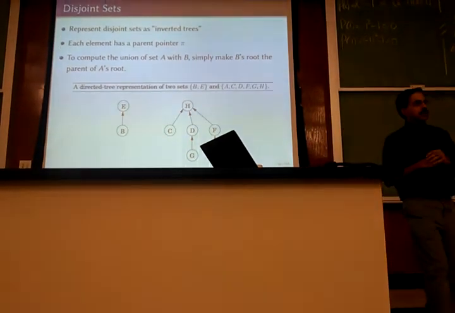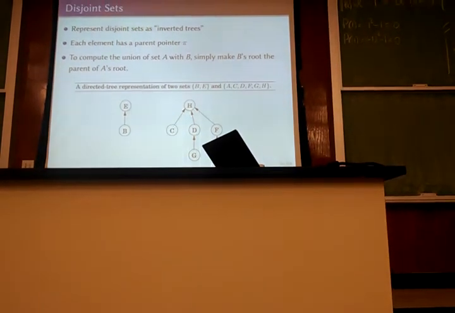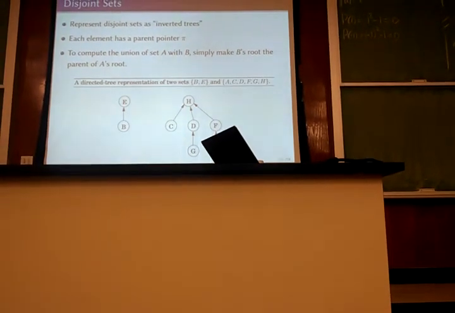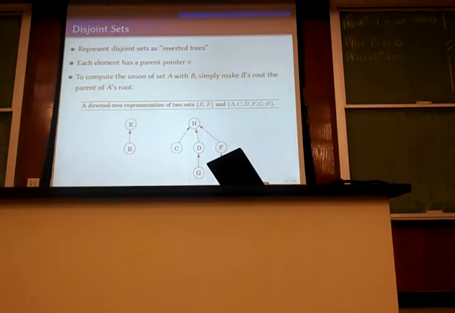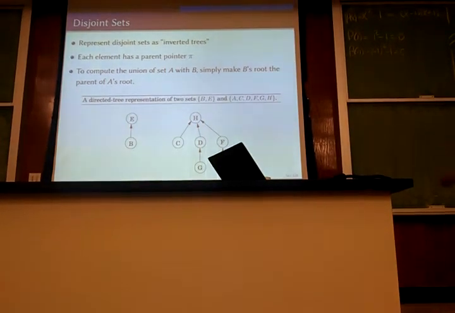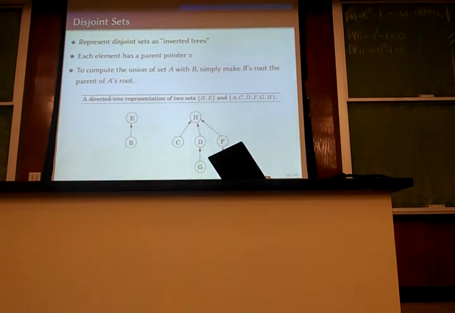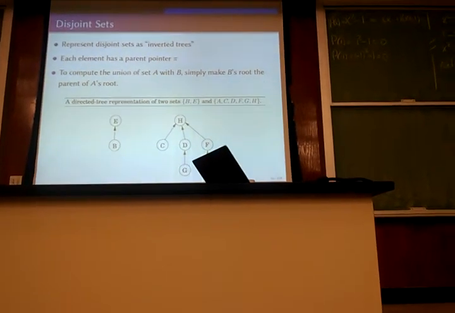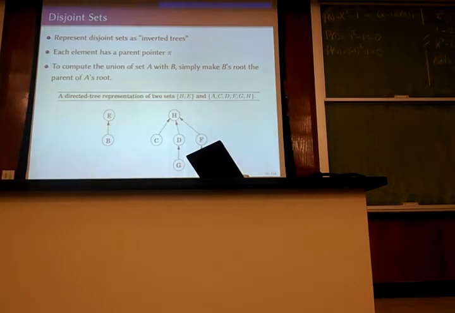But we also discussed that there can be sequences of operations where you invoke a sequence of unions that cause a long chain to be formed, and once that long chain is formed, every time you call a find, you're going to have to end up traversing the whole chain.